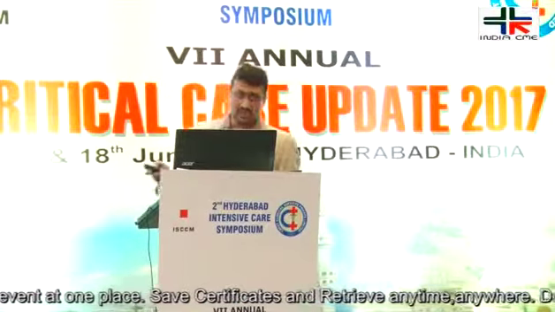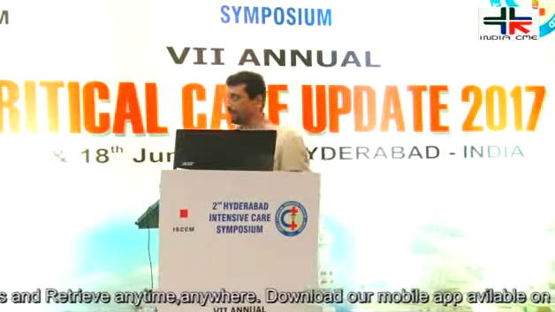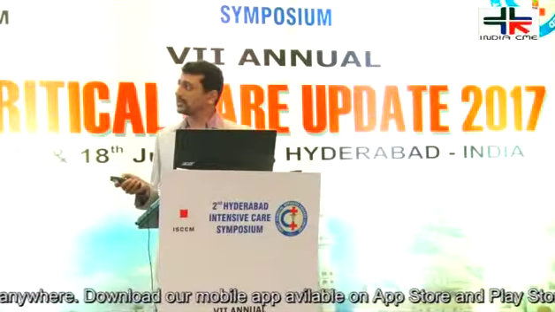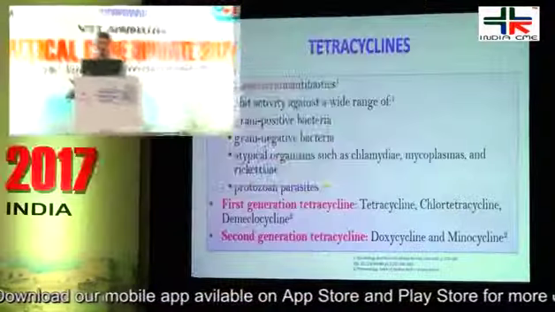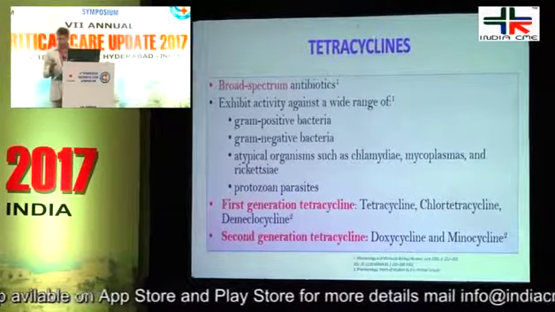Now coming to minocycline, it's basically a tetracycline. It's a second generation tetracycline along with doxycycline, and it has a wide range of activity with respect to gram positive, gram negative, as well as atypical organisms. So it's pretty broad spectrum in nature.